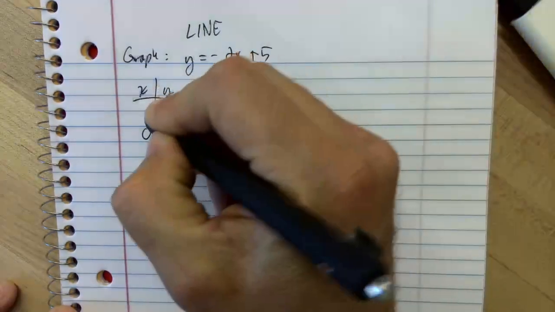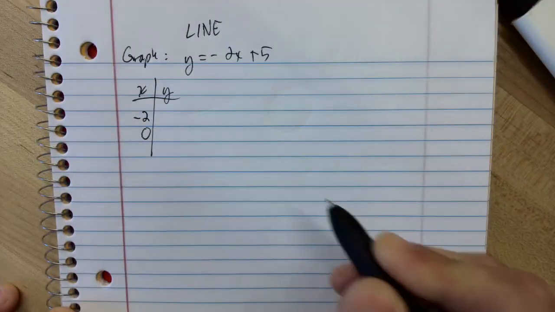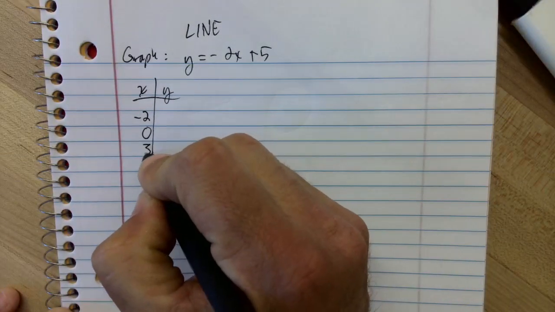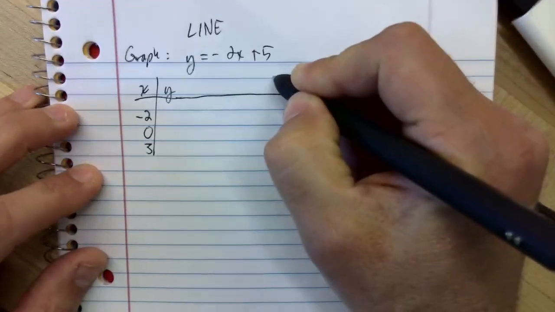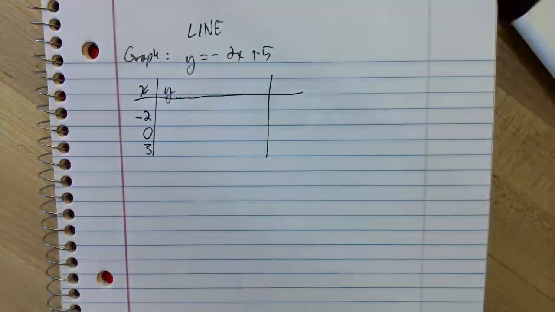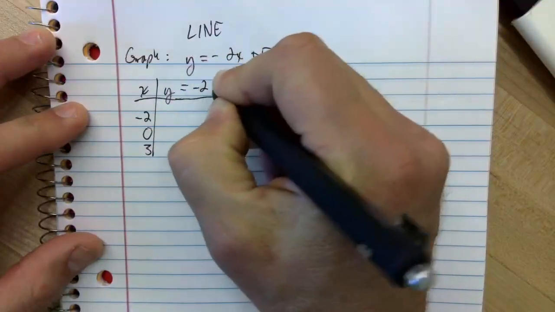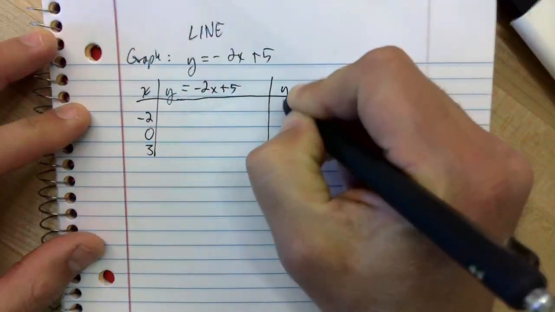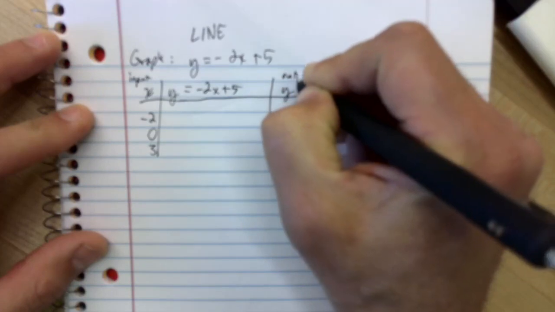So we could pick a negative like negative 2, do 0, and then a positive, let's do 3. Okay? So here's what I'm going to do. I'm going to make my table a little bit longer to kind of help you see what's going on here and make sure you guys are clear on what's happening. So this is our input, and this is going to be our output.